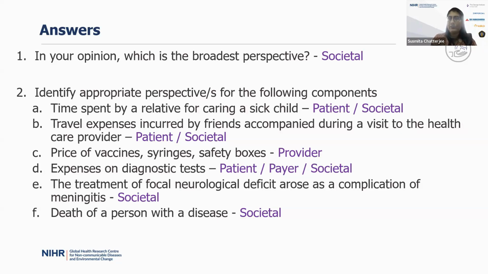But I would consider it societal in any way, whether it is government or patient or anything, because this is a very broad perspective, right? It's not only restricting to the costing of the disease, it is going beyond that. So it's societal, and death of a person is of course societal.